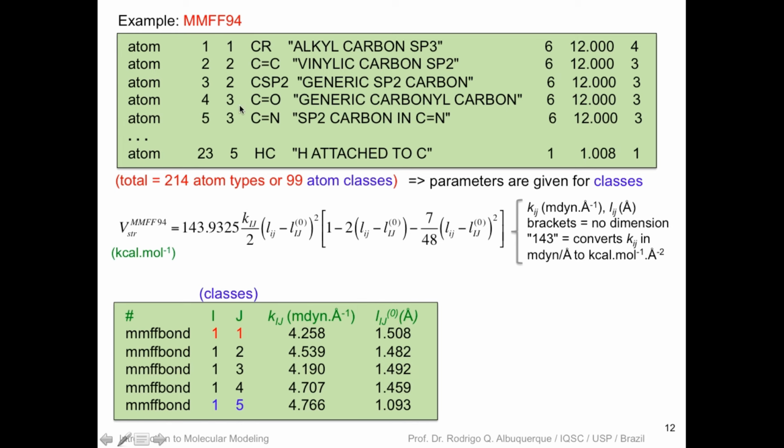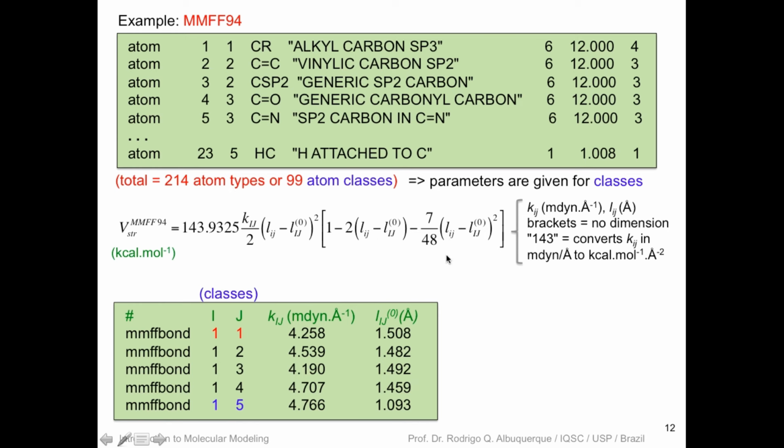If you see a bond between an alkyl carbon sp3 and a hydrogen attached to carbon, this is class 1, this is class 5. So you see here, class 1, class 5, you have a force constant of 4.7 and the reference bond distance of 1.093. So these are the parameters used by this force field.